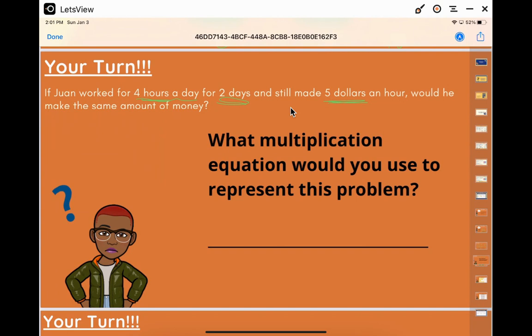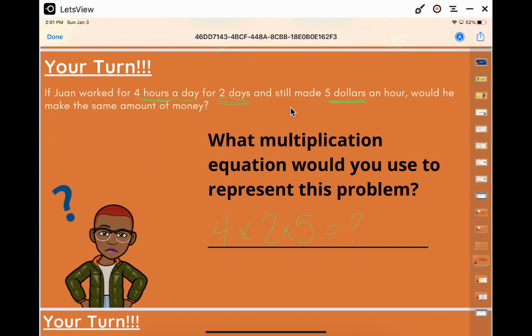I don't want you to answer that question in the Nearpod just yet, though. I want to know what multiplication equation you would use to represent this problem. In the Nearpod, what multiplication equation would you use to represent this problem? I hope that you said something along the lines of 4 times 2 times 5 equals something.